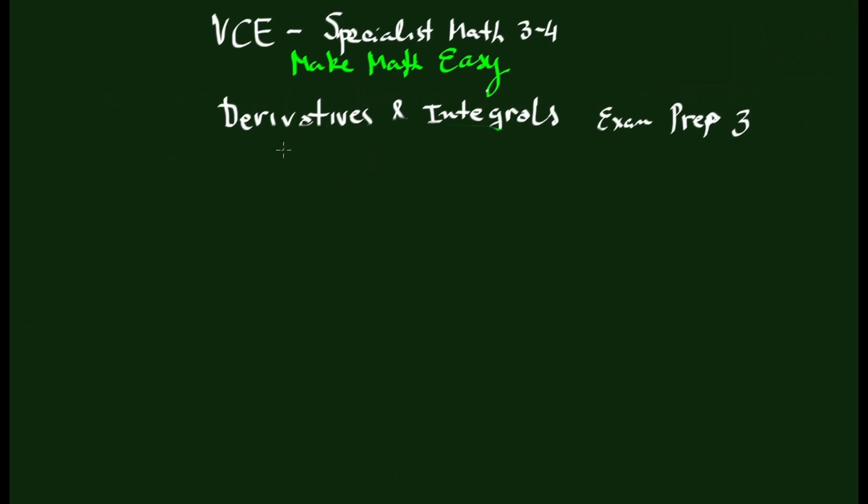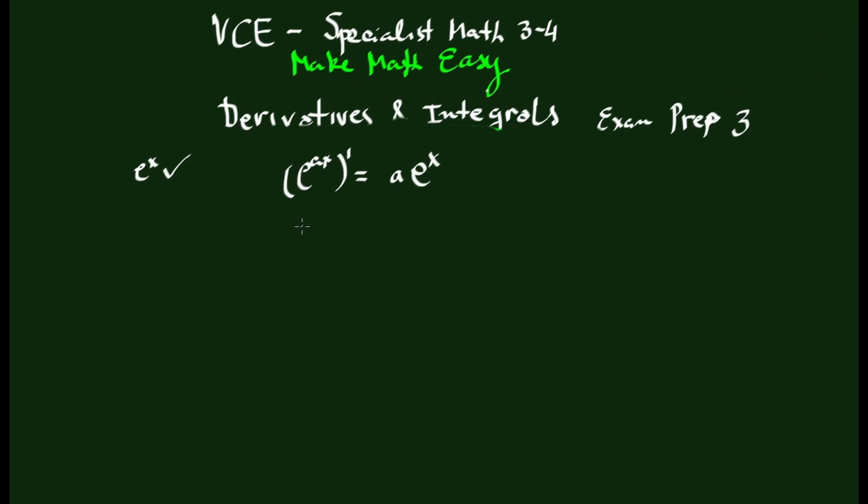Now let's do an example with e to the x and integrals. To remember that, e to the power of ax, if you take the first derivative, you get a times e to the ax.